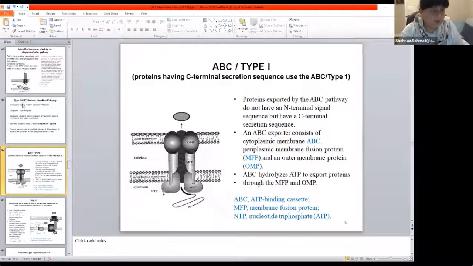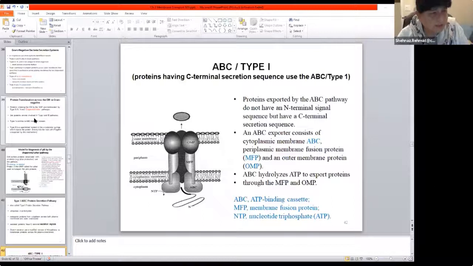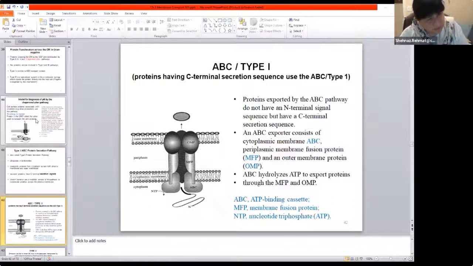So with that, we will talk about the systems. We talked about the systems that operate in the cytoplasmic or plasma membrane, the ABC system, the TAT system, and all. Now we are looking at some more systems which we categorize in type 1 through 6 or up to 8 now.